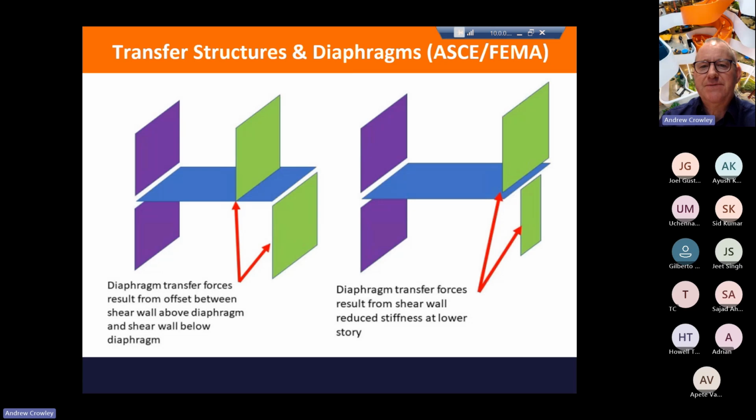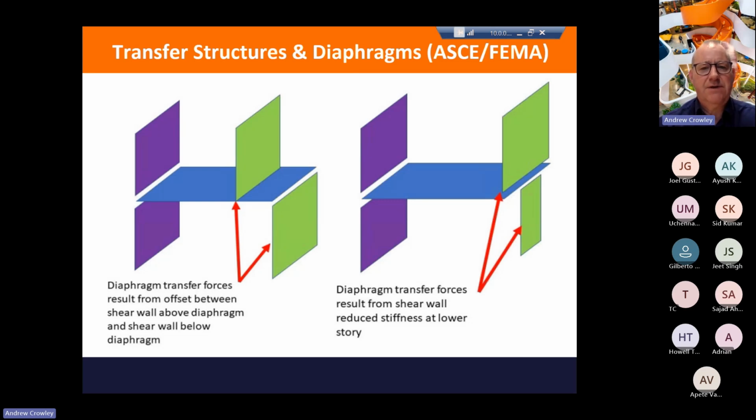Transfer structures, well, try to avoid them if you can. But if you have transfer structures, it makes your load distribution a lot more complicated, because you're not just transferring loads from your floor, you're transferring the loads that are applied to the floor from the levels above.